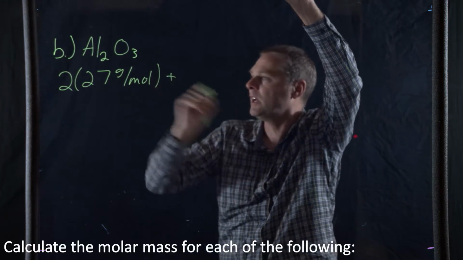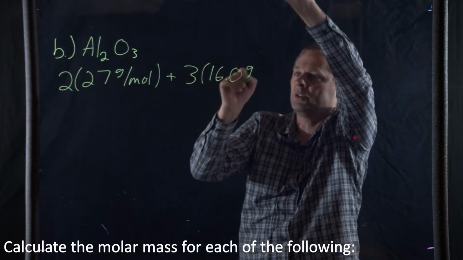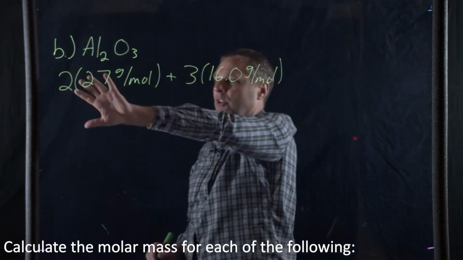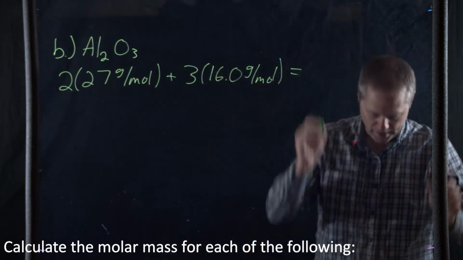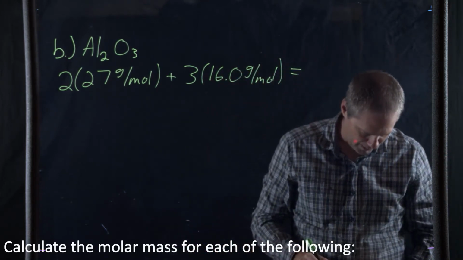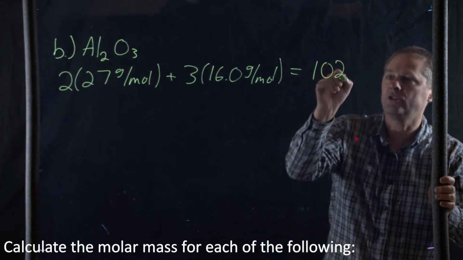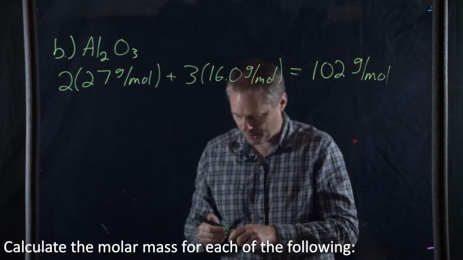I should know that. And then the 3 oxygens is going to be 16.0 grams per mole. So we're going to take 2 times 27, basically 54, and then the 48 right here. And that should give us a mass of 102 grams per mole. All right, so that's going to be for B.